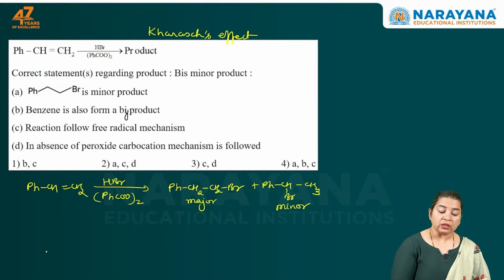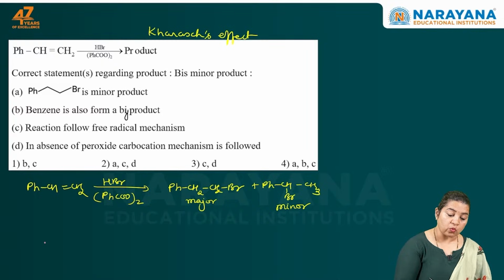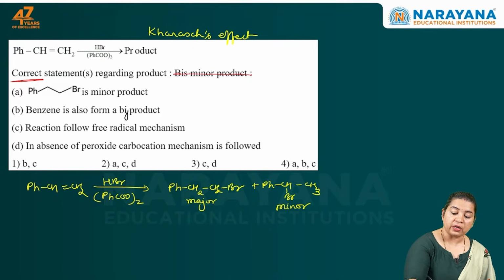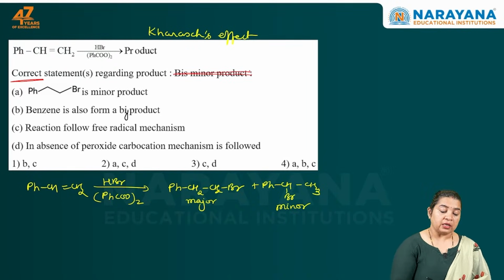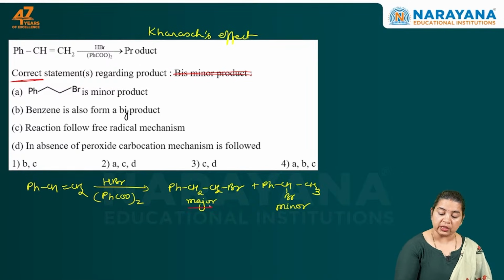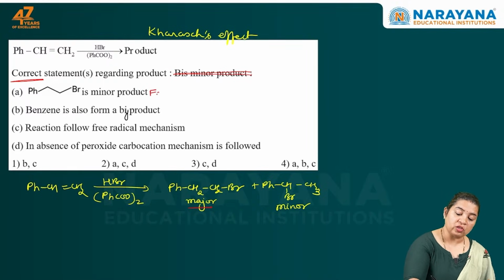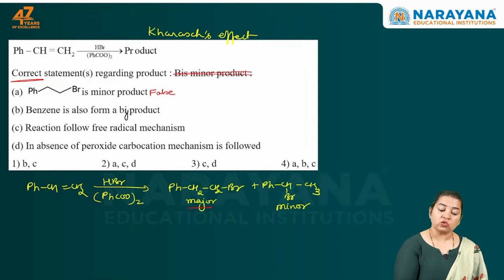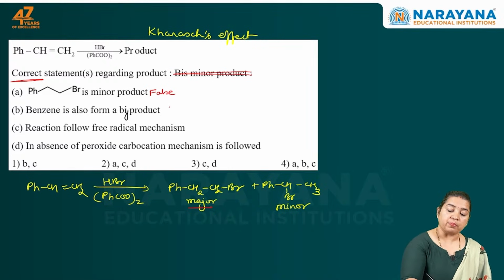Now, we are being asked what are the correct statements regarding the product. Let us check. A: PhCH2CH2Br is a minor product. No, it is a major product, so this is a false statement. B: benzene is also formed as a byproduct.